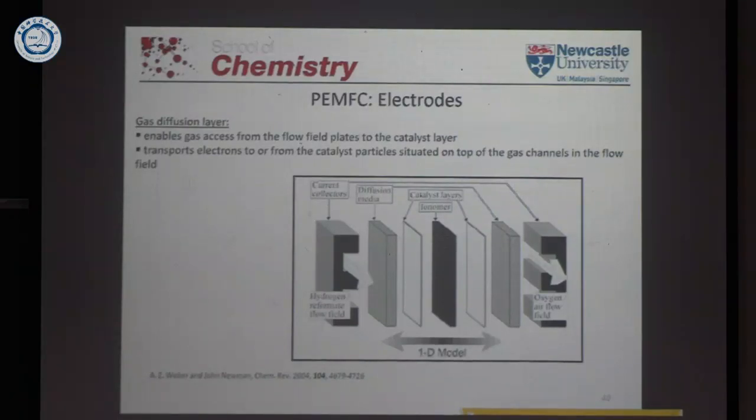For instance, hydrogen oxidation. So you convert hydrogen H2 to 2 H plus 2 electrons. That's the electrochemical reaction on this side. And so the protons that are being produced go then into the ionomer and go to the other side.